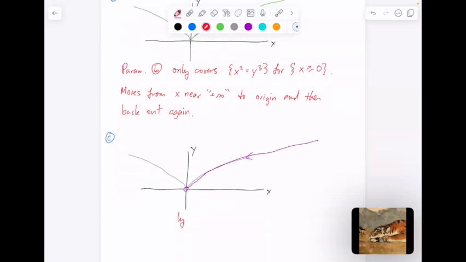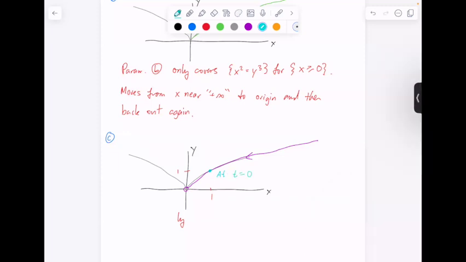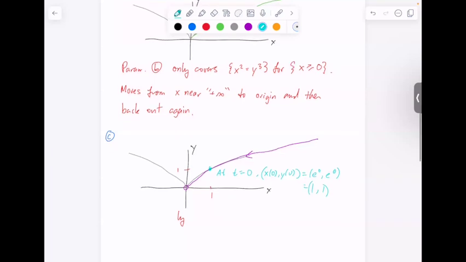You can check that the point x equals 1, y equals 1 occurs at t equals 0. The point is e to the 0, which is 1, 1. So we hit this point precisely at time t equals 0 in this parameterization. And then you go on your way.